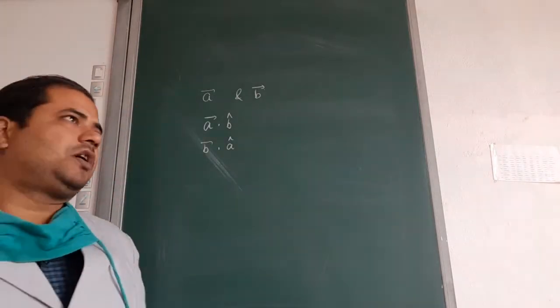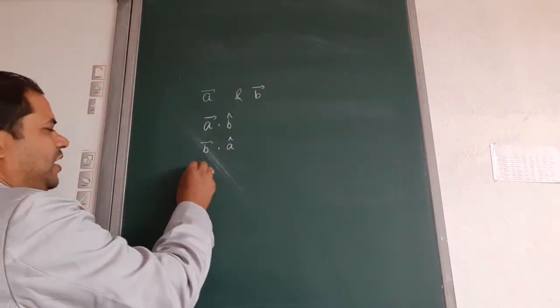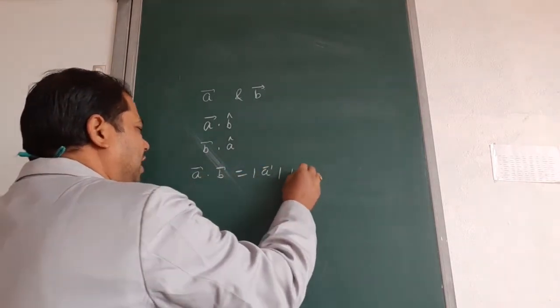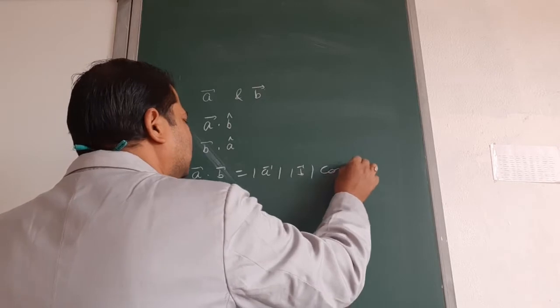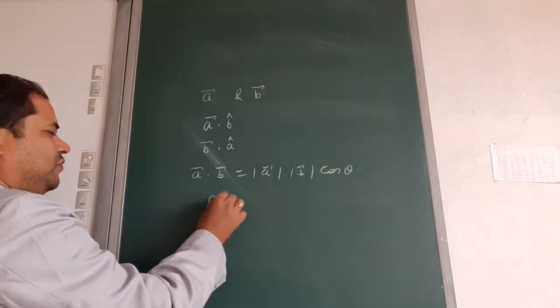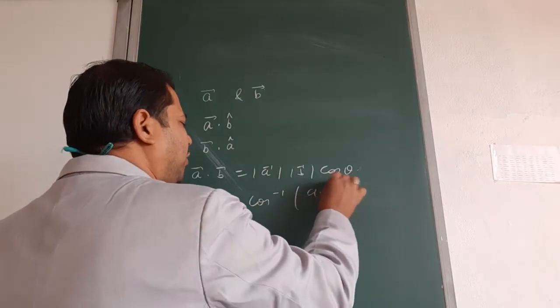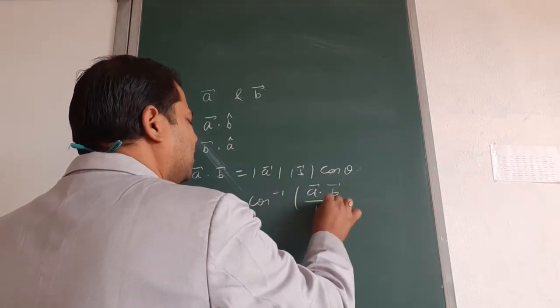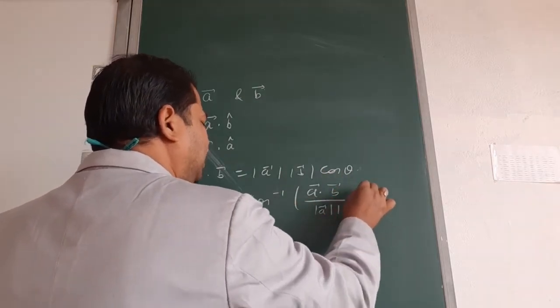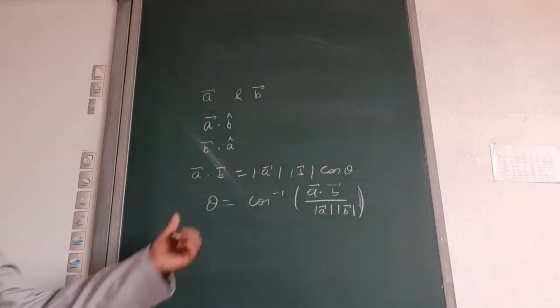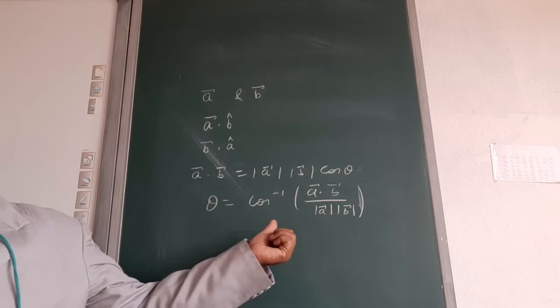And what is dot product? You know very well, A dot B is mod of A, mod of B, cos theta. And the angle between two vectors is cos inverse of A dot B upon mod of A, mod of B. So this is the angle between two vectors.